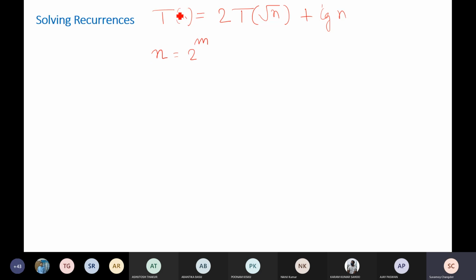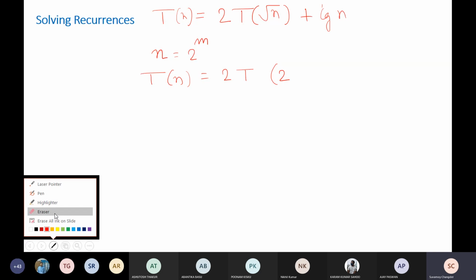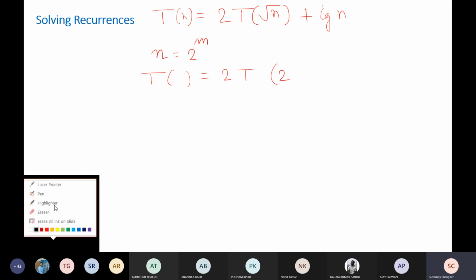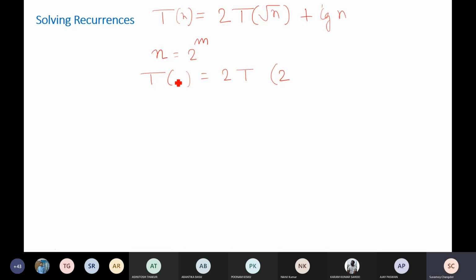So then what we can write from here, we can write T(n) is equals to 2T, or instead of n we can simply write T of 2 to the power m, 2T of 2 to the power m by 2 plus this one, log n means m.